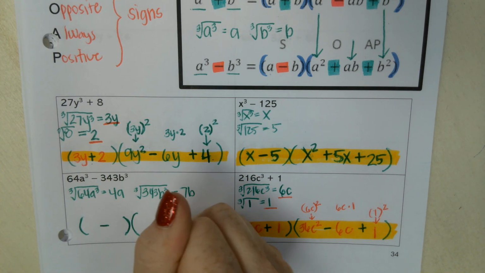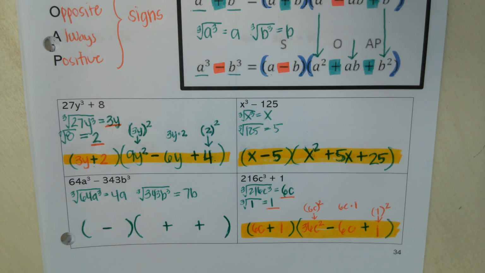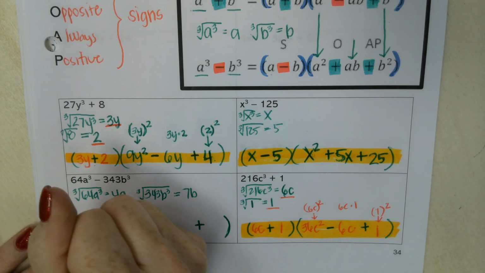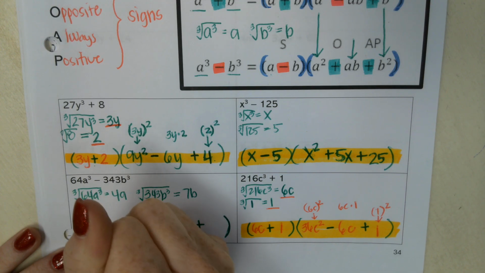Same, opposite, always positive. Same, opposite, always positive. Now I'm going to drop the 4a in the front and the 7b in the back.